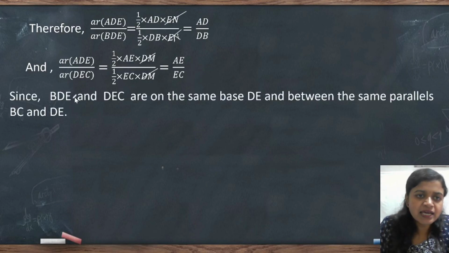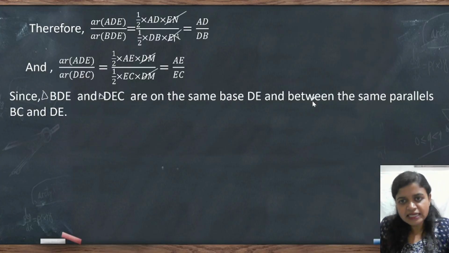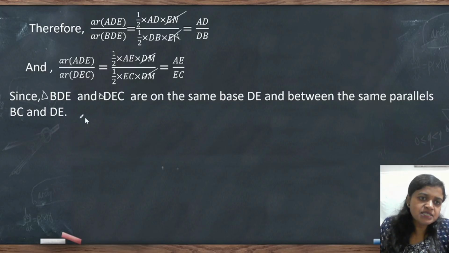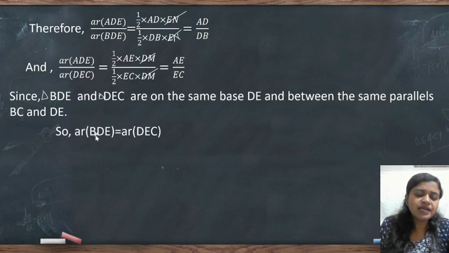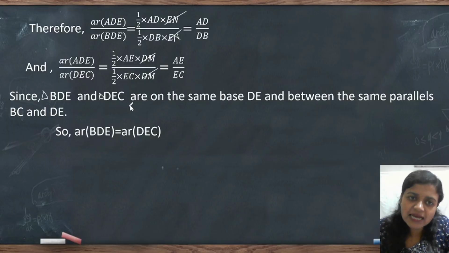Since triangle BDE and triangle DEC are on the same base DE, and between the same parallels BC and DE, we can say the area of triangle BDE equals the area of triangle DEC. Actually this is the concept we learned in class 9.